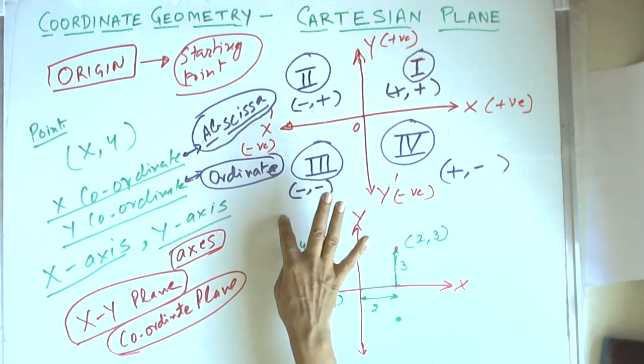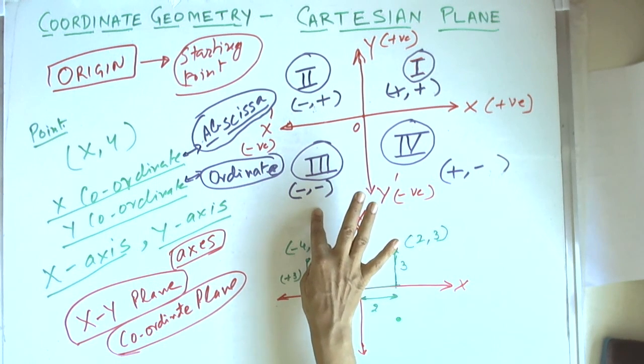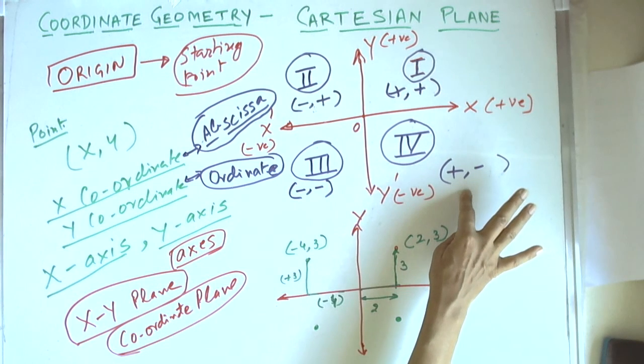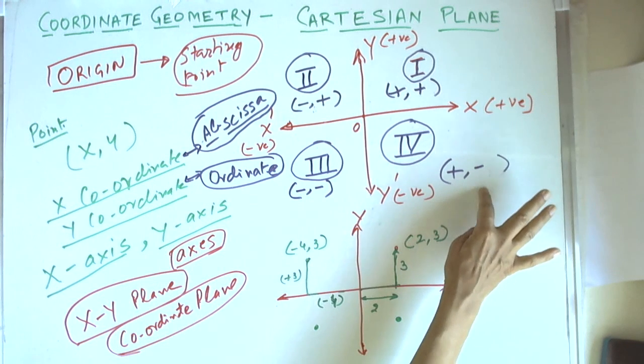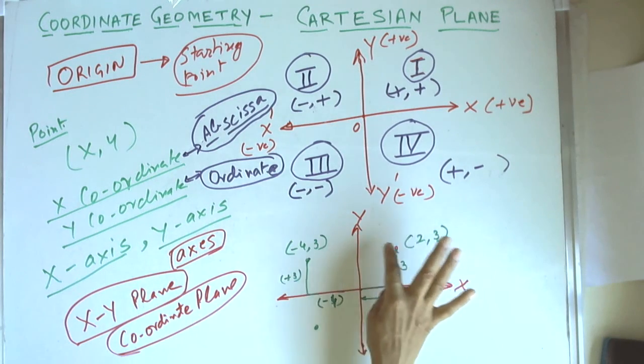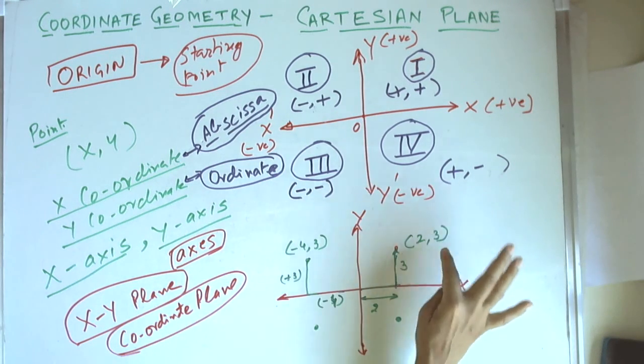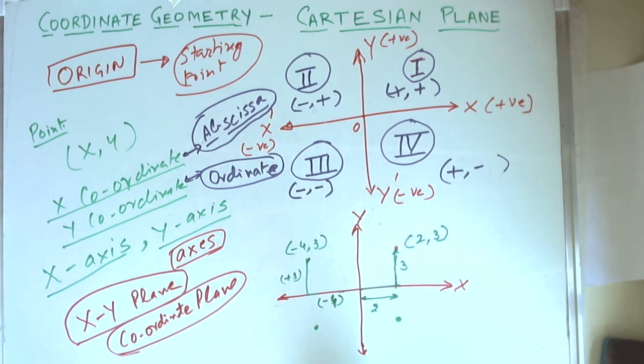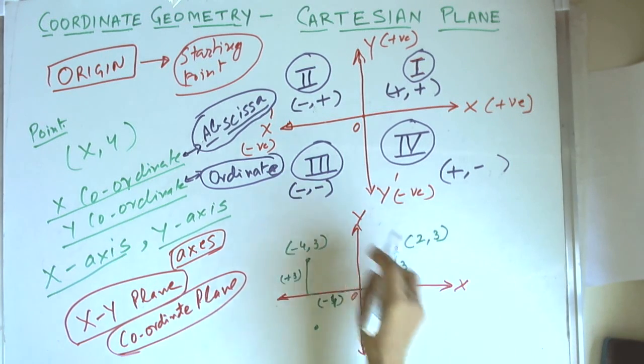In the third quadrant both coordinates are minus, and in the fourth quadrant x coordinate is plus and y coordinate is minus. Any point can be defined by its coordinates, and we can always locate that point in reference to origin.